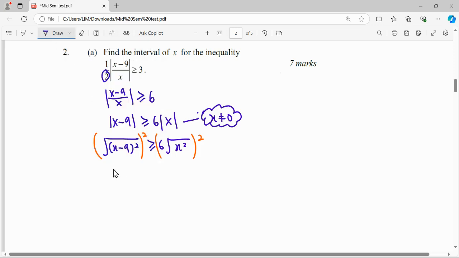With squaring both sides, now we are left with (x minus 9) squared, then 36x squared. Then we expand our quadratic. Now we have our quadratic inequalities. For quadratic inequalities, we need to rearrange our quadratic all to the left hand side. So we expand this.